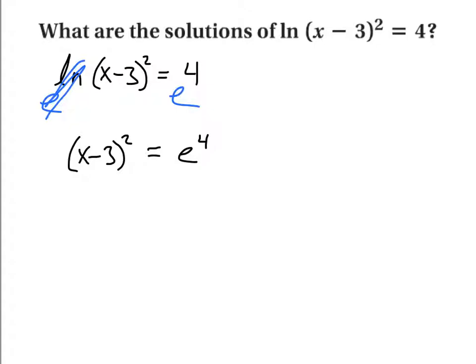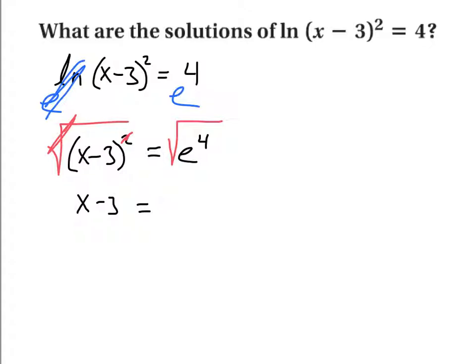Now I need to go through and get rid of that exponent of 2. How the heck do I do that? I square root both sides. So the square root cancels with the square, leaving me with x minus 3. And what do I get when I take the square root of e to the 4th power? e to the 2nd power.